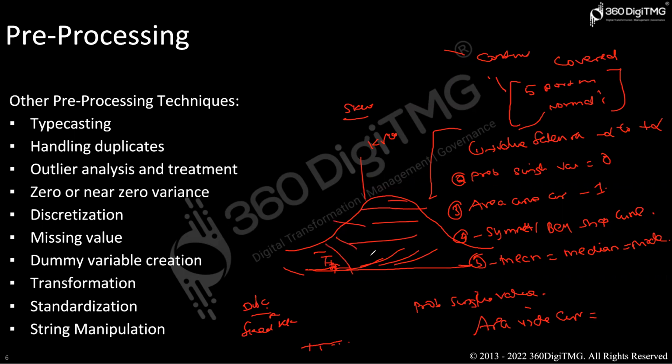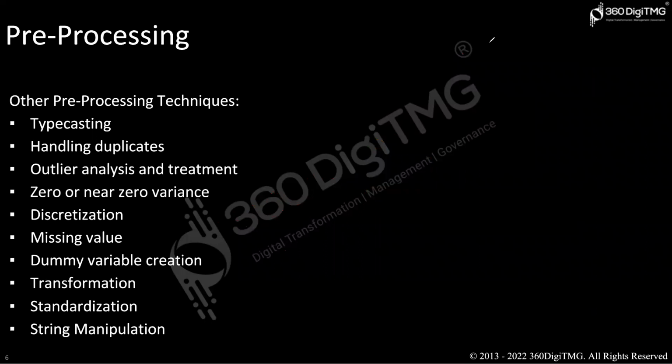Since it is continuous data, we have to calculate all the values. So that is called area under the curve. Area under the curve equals 1. And we say mean, median, mode values are all equal.